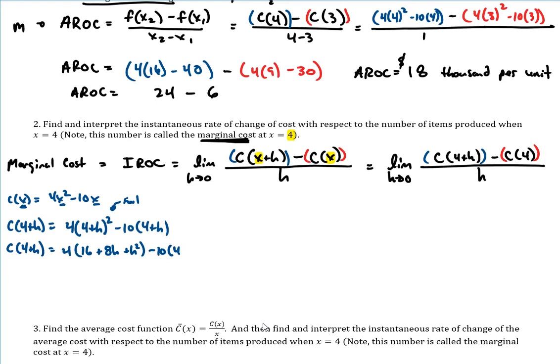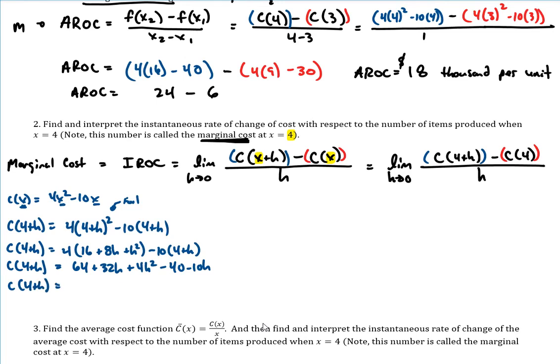Okay, and then we still have minus 10 times 4 plus h. And then we can simplify a little further by distributing. It looks like I would have 64 plus 32h plus 4h squared minus 40 minus 10h. So that's all the distributing. And then I have multiple like terms.